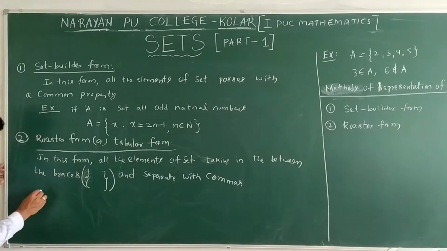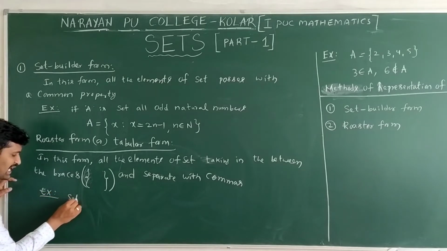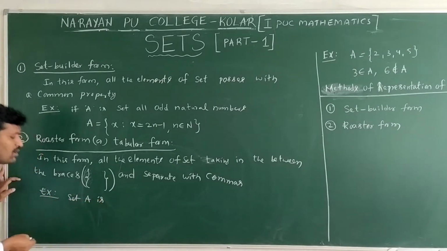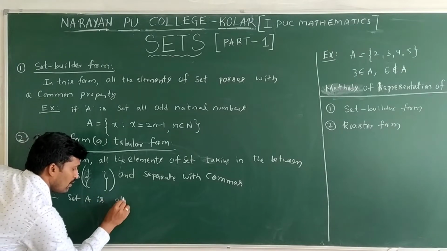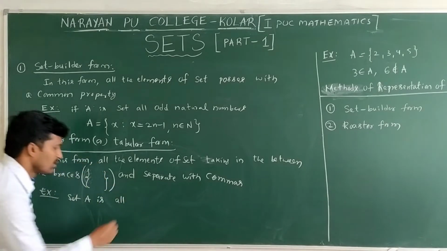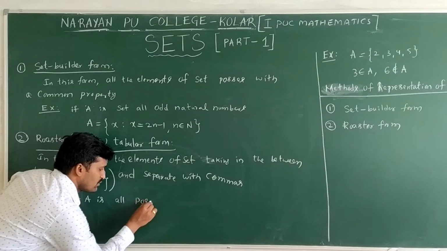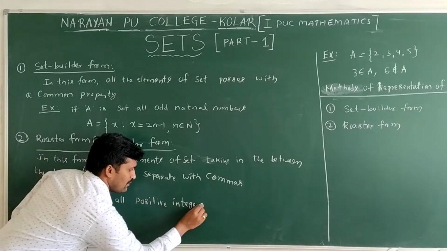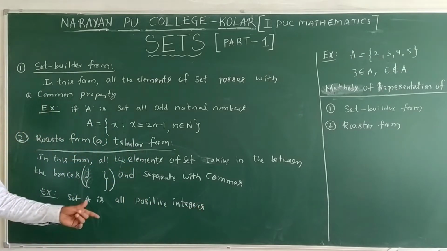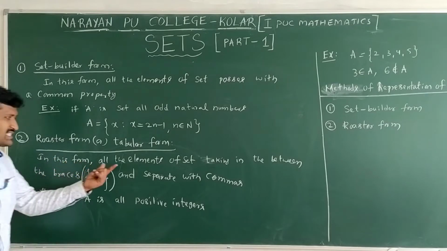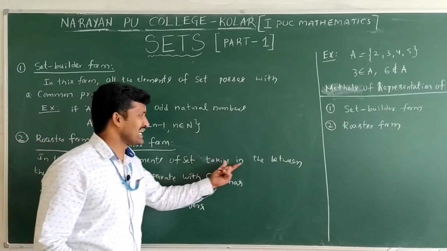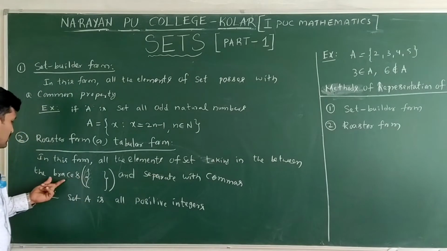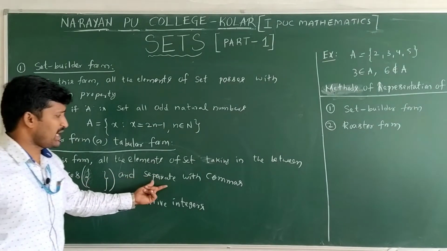Simple example if we take: set A is all positive integers. Now here, you have to express this in roster form, as I said: all the elements of set taken in between the braces and separated with commas.